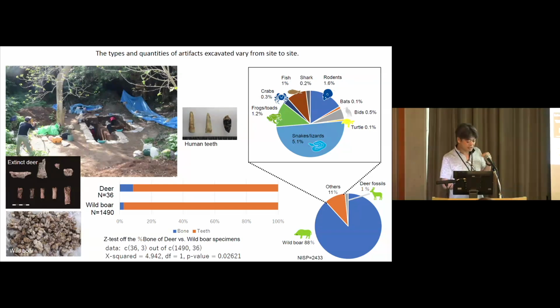And in addition, we have some stone tools and only 3 isolated human teeth. My anthropologist friends have a strong interest in analyzing these human teeth, but it is difficult for me to accept their offer. But for the wild boar teeth, I have many, so it is easier to accept the offer.